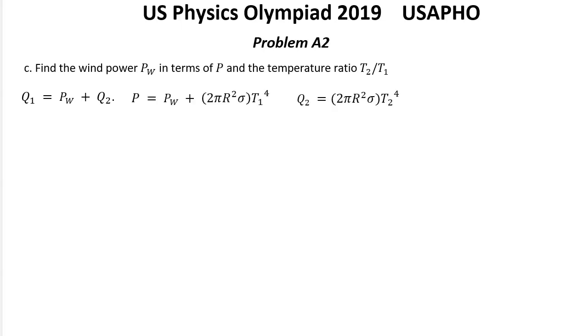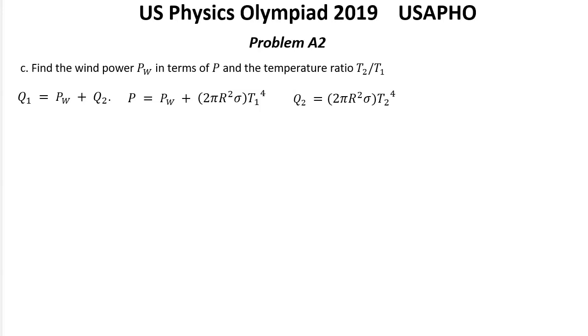P equals Q1 plus 2 pi r squared sigma times T1^4, and Q2 equals 2 pi r squared sigma times T2^4. Finally, since the engine is reversible, we have Q1 over T1 equals Q2 over T2.